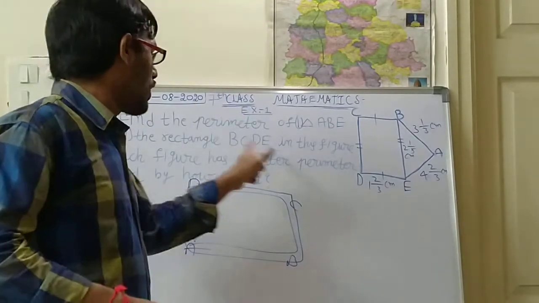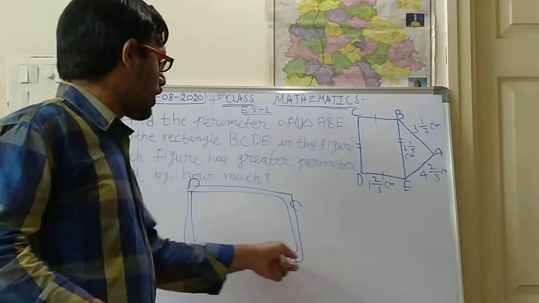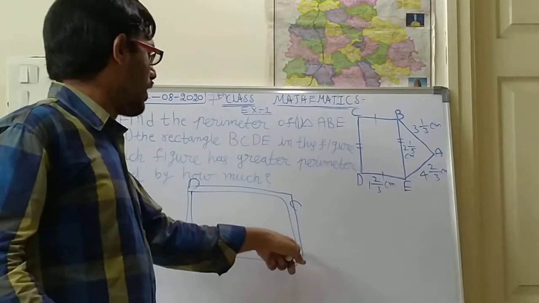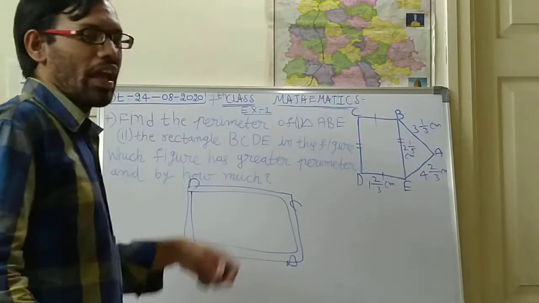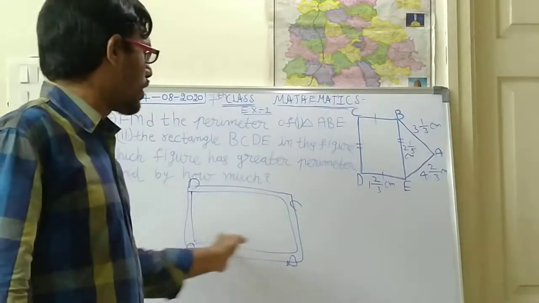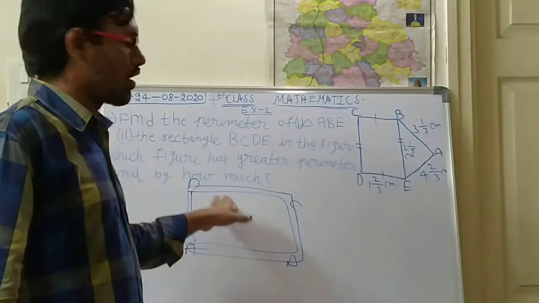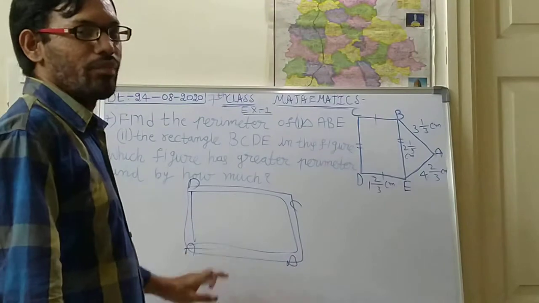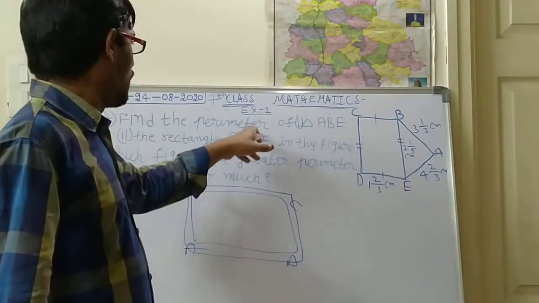Suppose ABCD is an object, then the perimeter is the total distance of AB plus BC plus CD plus DA. Only the border, not the middle, is counted in the perimeter.